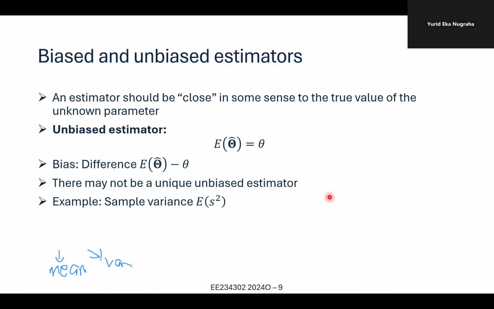One example of an unbiased estimator is the sample variance, E of S square, where S square is the variance of the sample.